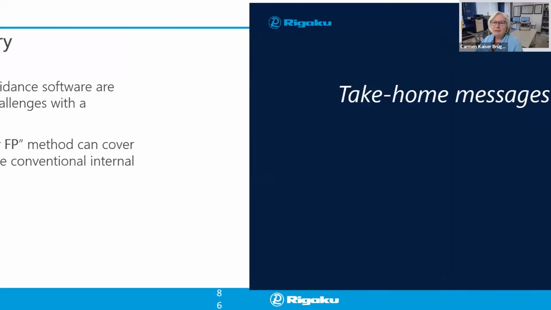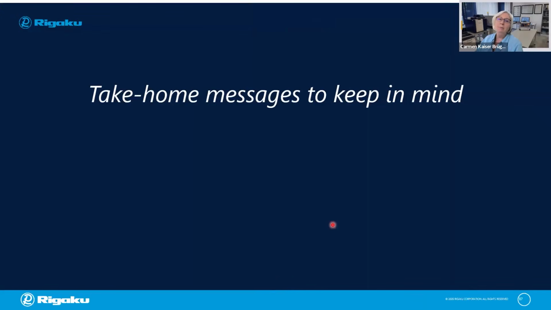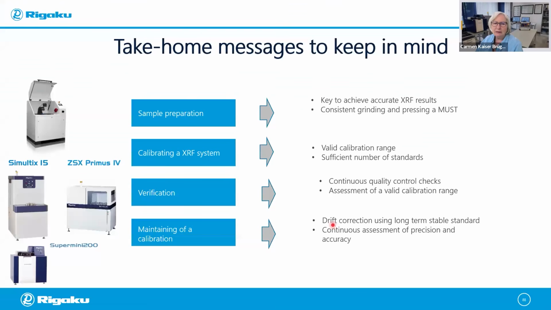So basically, the take-home messages from my side, most importantly, are that here in Germany we like to ensure that you have a good, robust and consistent sample preparation to achieve the accuracy that you need in your lab.